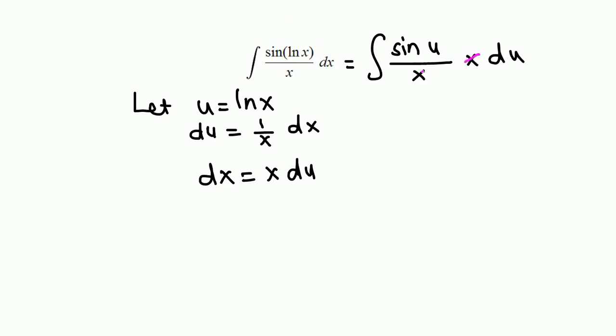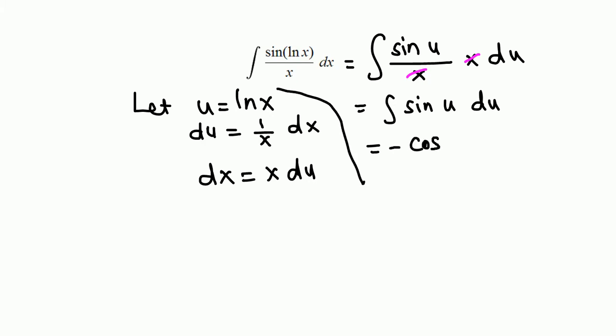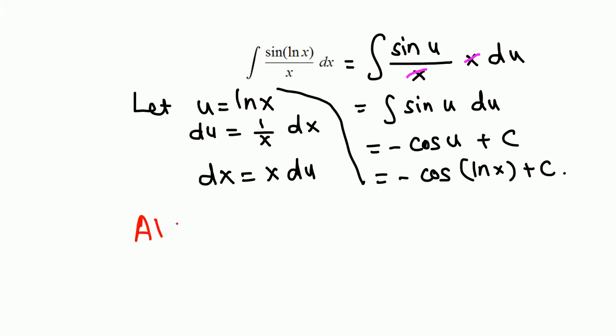Now the x's can be cancelled, and we have the integral of sine u du, and the antiderivative of sine u is negative cosine u plus c. Now back substitute the value of u. Done. Negative cosine of natural log of x, plus c. I showed you the alternative way, which is just the short form of this.